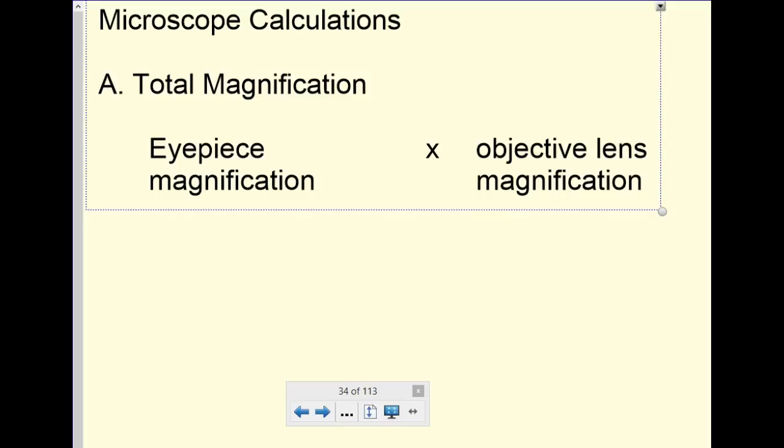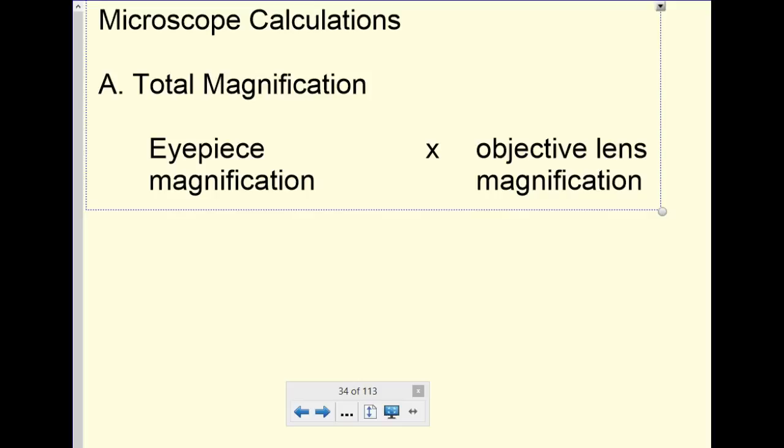Sometimes it's just the bigger number, because there's 3 or 4 different numbers written on the side of a lens piece. They're telling you about things like field of view and so forth. The objective lens magnification also has a number on the side. So if this multiplies the image 4 times, and then this does 10 more times, then the total of the two is going to be 40 times magnification.